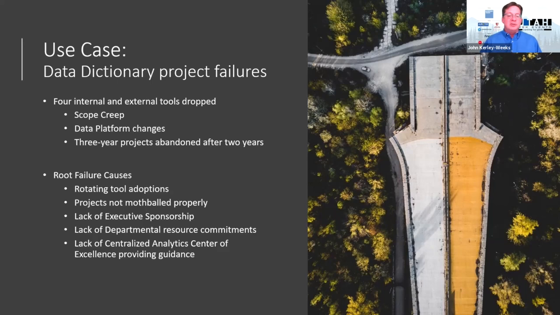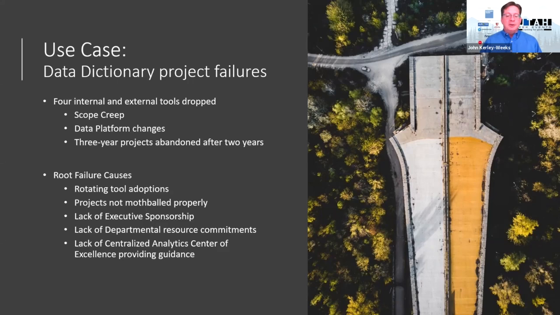So one organization didn't have the executive sponsorship that they needed. When it came to costly endeavors and engaging with departments, they felt that they didn't have the executive buy-in to commit the resources of the subject matter experts to advance those areas.